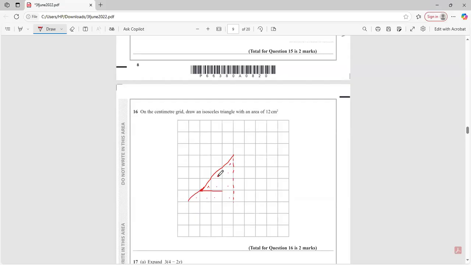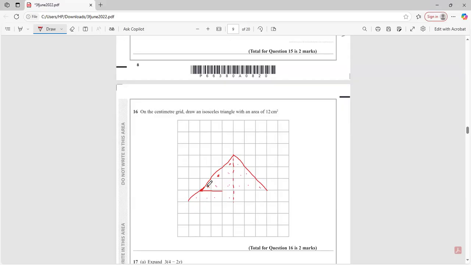So this and this will make one complete square. Let's see if I draw this on the other side, if it's going to be complete now. So this and this will make one complete one. So I have 1, 2, 3, 4, 5, 6, 7, 8, 9. Now I need to make it complete to make it 12.